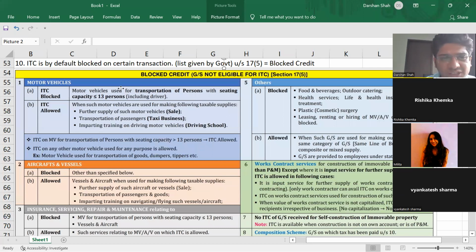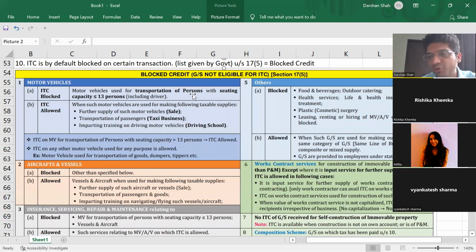Okay. So the first is very simple. Motor vehicles used for transportation of persons with seating capacity of less than 13 persons, including driver. So in short, I'll say small cars, small buses not allowed. Big buses are allowed.